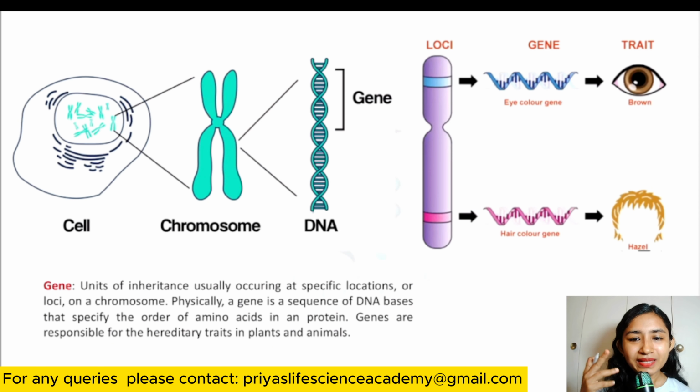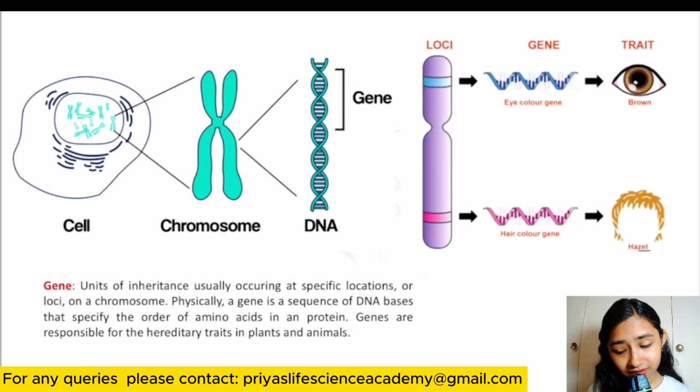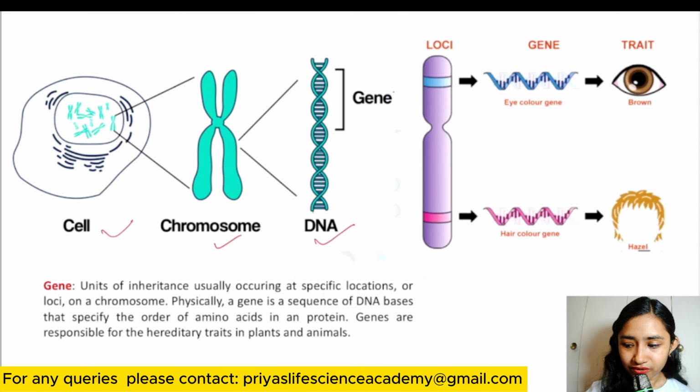Okay. Now we will see what is inside these germ cells or gametes that we inherit. You can see inside the cell there is a nucleus, and inside the nucleus there are chromosomes. In the chromosomes there is DNA, you know, and in DNA there is the gene.